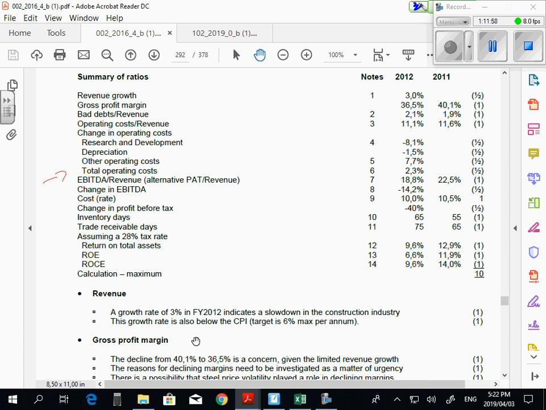Okay, EBITDA. So EBITDA to revenue, 18.8%, 22.5. What would you do with that? Why with EBITDA? Okay, guys, look at the question.